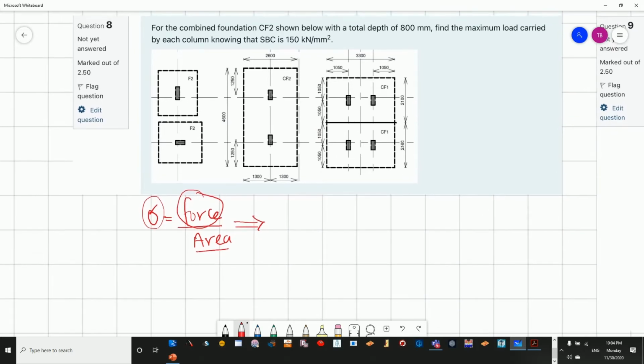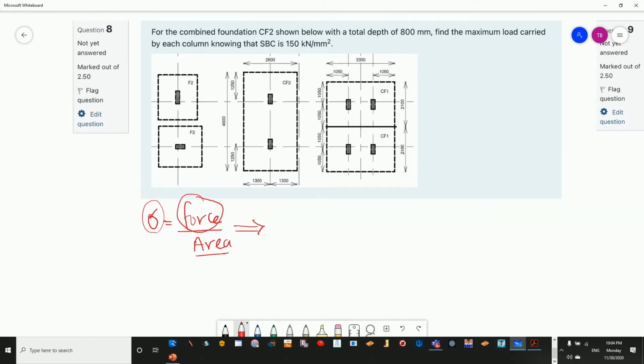So here it is going to be 150 kilonewton per meter square, and then we have a force.